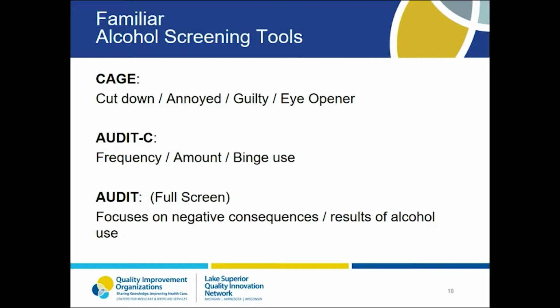The popularity of this screen may be one of the reasons we have become used to referring patients for specialty care, since that is what it was designed to assess.